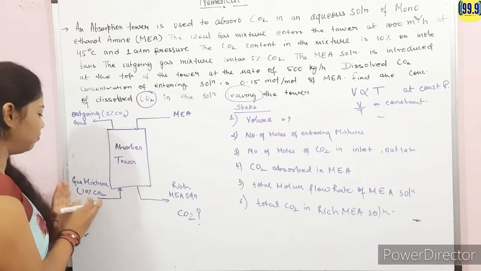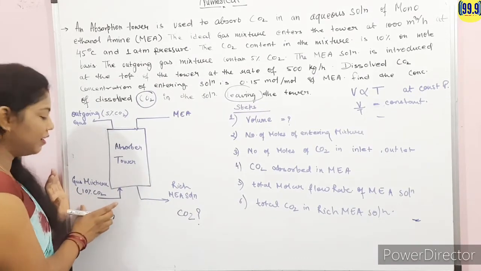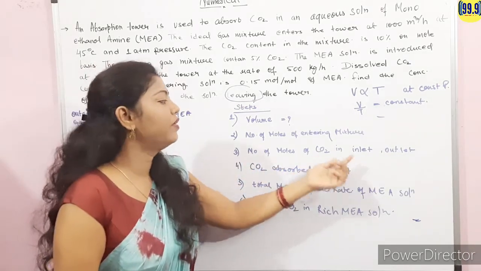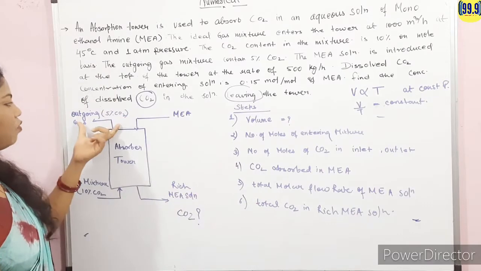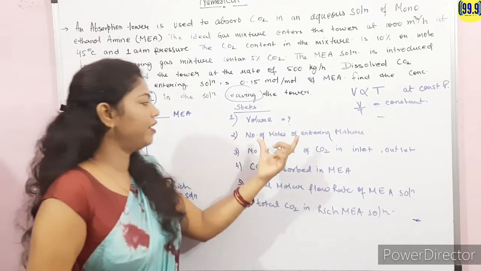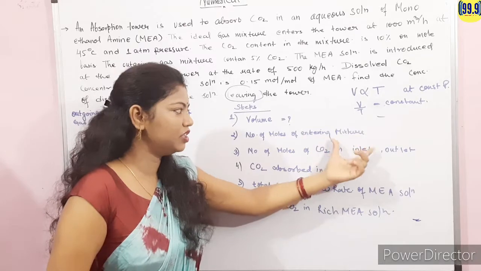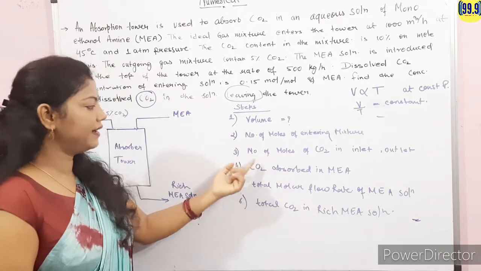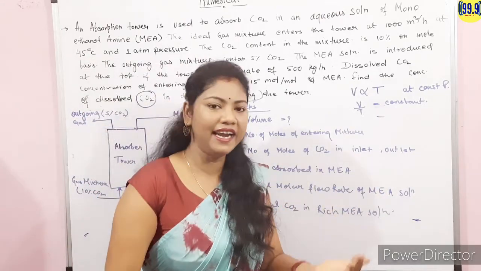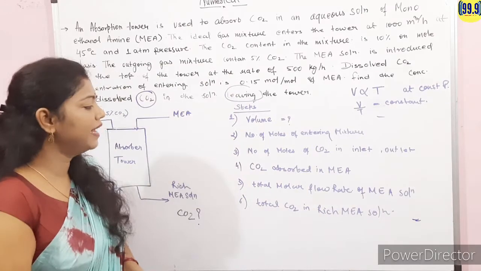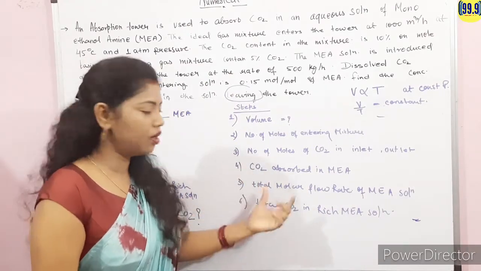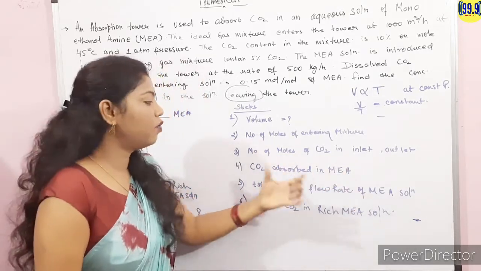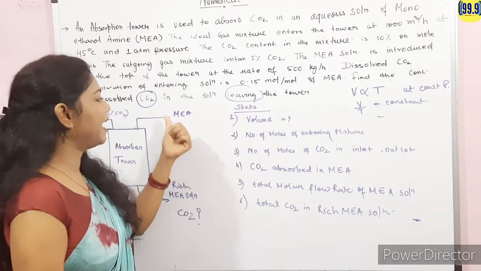Once we know the number of moles of the entering mixture, after that we calculate the number of moles of carbon dioxide in the inlet and outlet gases. Then we calculate the quantity of carbon dioxide absorbed in the MEA.